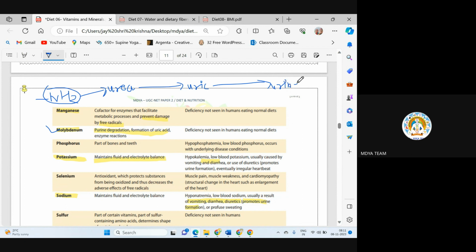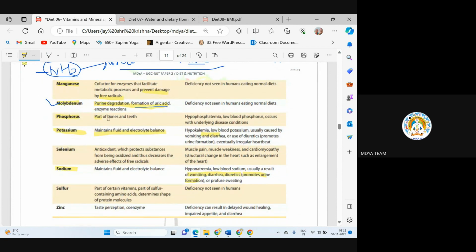And we already discussed that if someone has a high amount of uric acid or blood urea, that means he is having a high amount of protein from some non-vegetarian sources or from some unnatural sources. So in this process, molybdenum helps. Molybdenum helps in formation of uric acid, and its deficiency is also not that much common.